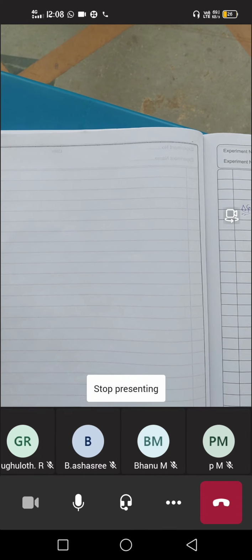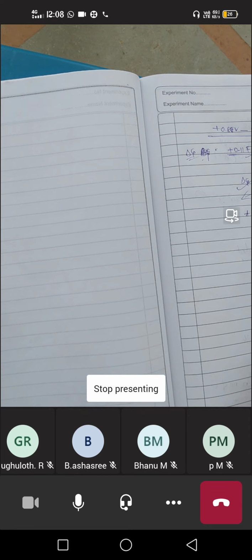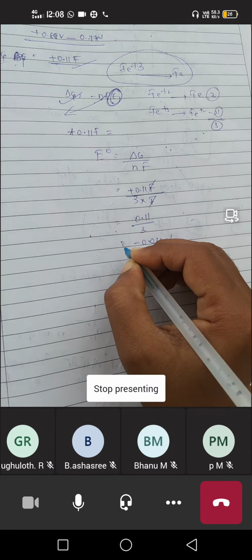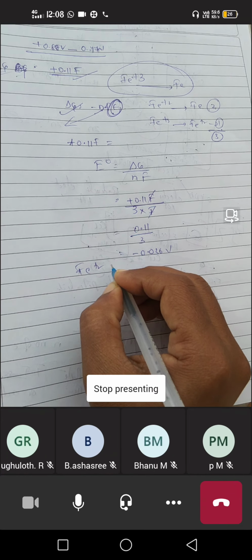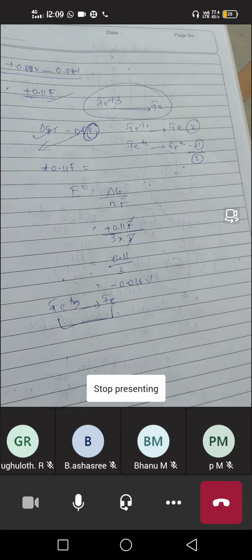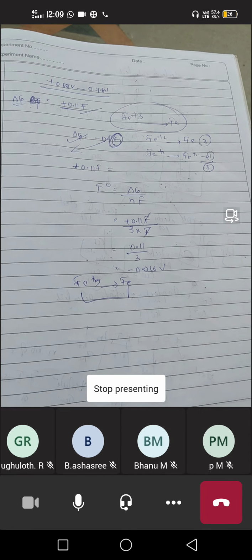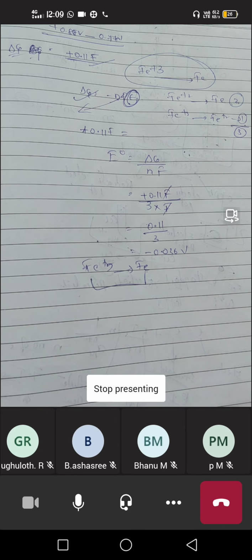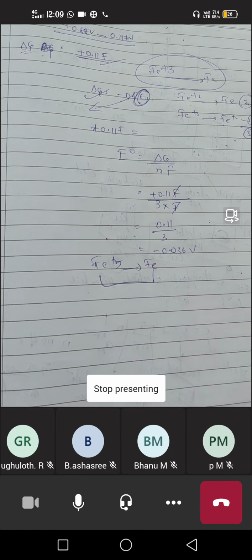If you solve this, the final value is minus 0.036 volts. So this is the standard reduction potential from Fe+3 to Fe, minus 0.036 volts. In this way we can calculate the non-neighbor electrode potential value also.